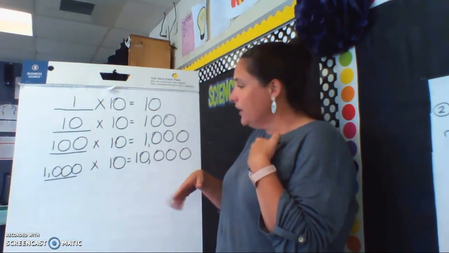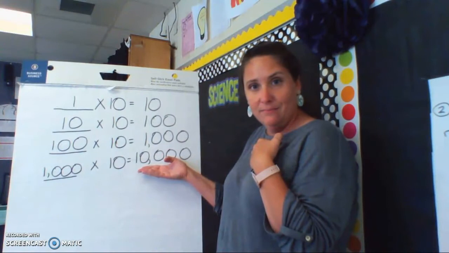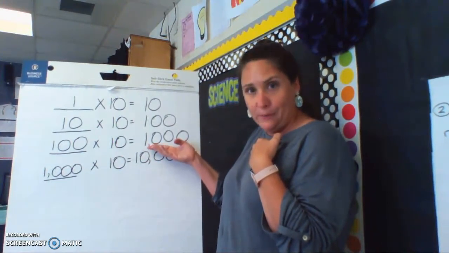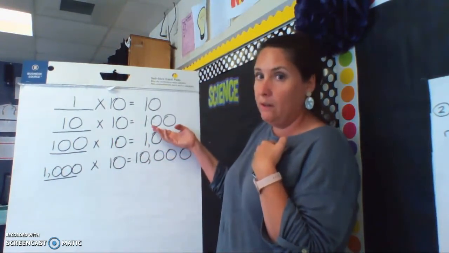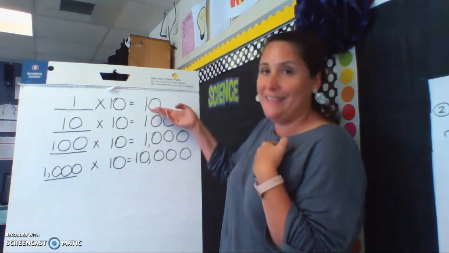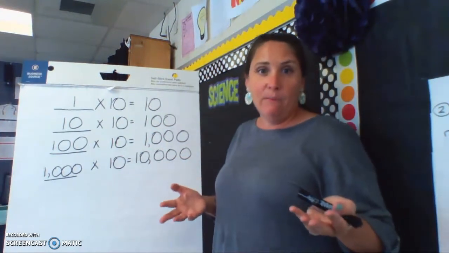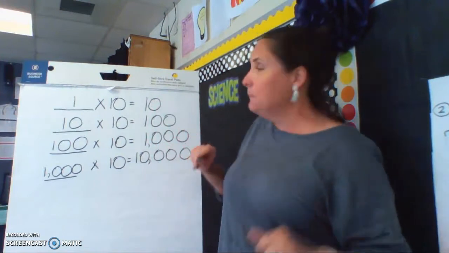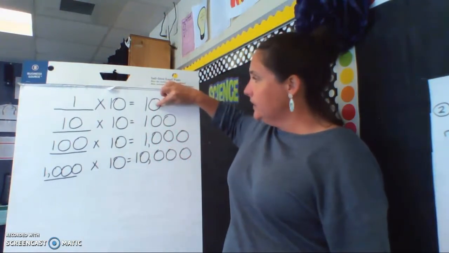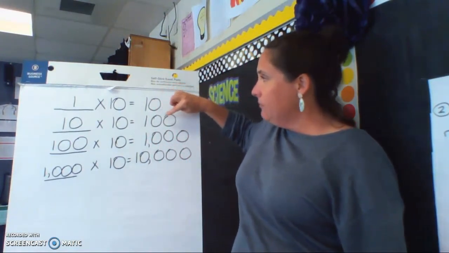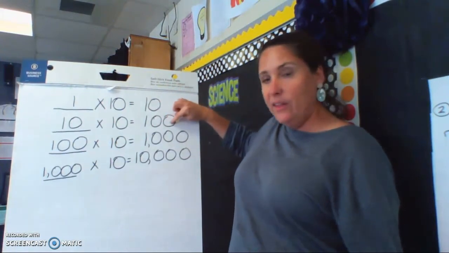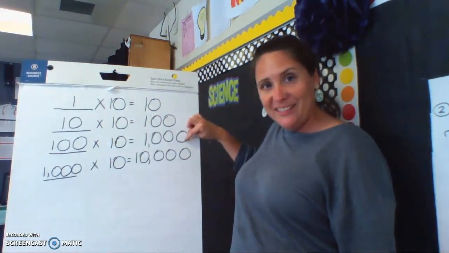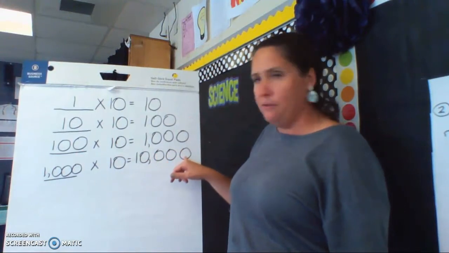And how many times greater is 10,000 than 1,000 or 100 or 10? I notice if I'm looking at it as a pattern, I have 1 zero, then I have 2 zeros, then I go to 3 zeros, and then I go into 4 zeros.